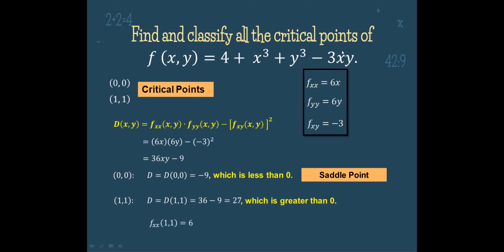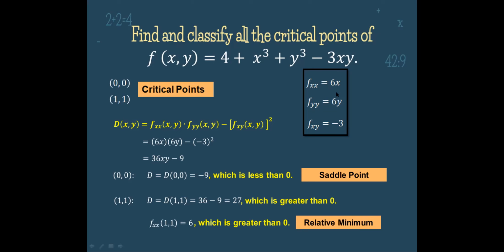That is 6 times 1, which is 6. Since it is positive, greater than 0, we must have a relative minimum.